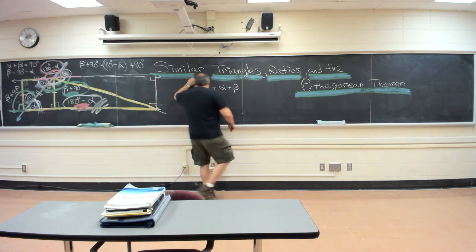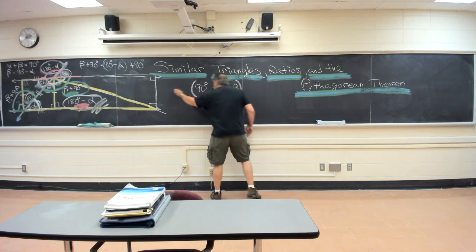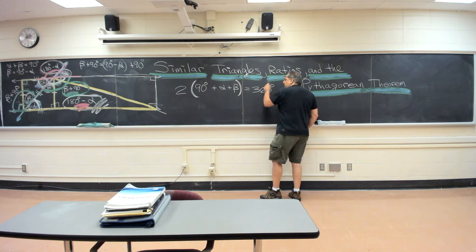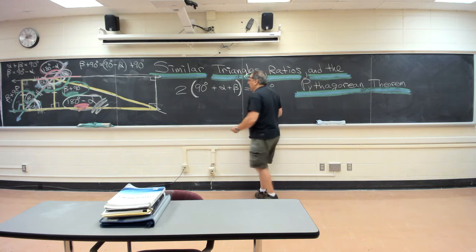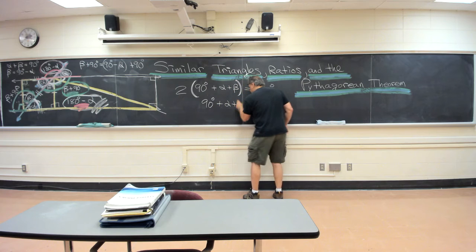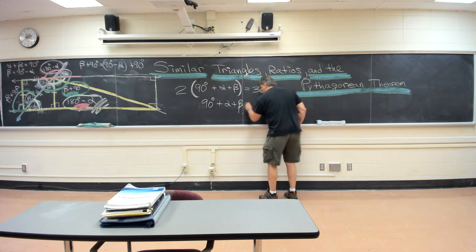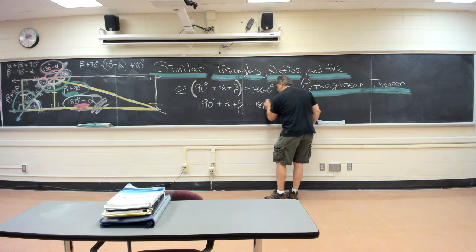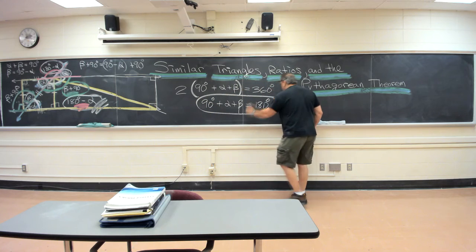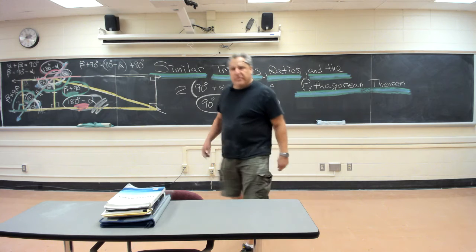So wait a minute, are you telling me if you double these, 360 degrees? Yeah, we said the whole, divide it by 2, 90 degrees plus alpha plus beta is 180 degrees. Every right triangle must have 180 degrees.